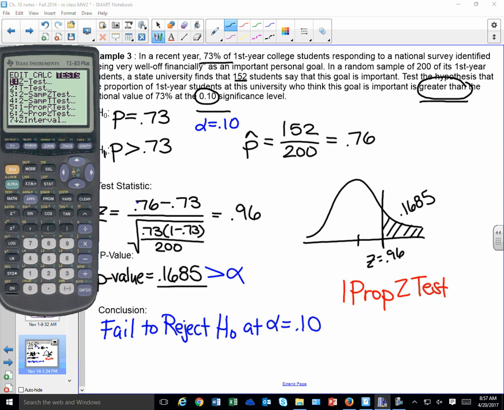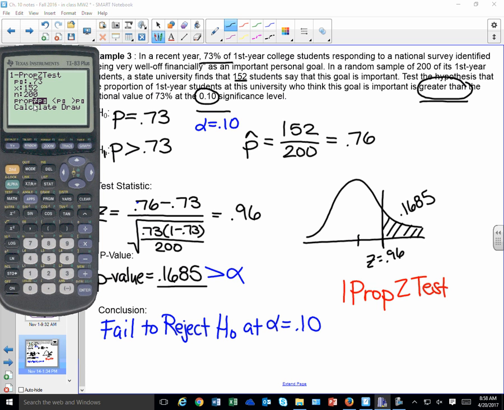And then when we're doing a hypothesis test, we do one proportion z test. So go to number 5. Our p sub 0, so that's what's in the null hypothesis, is 0.73. Our x value is 152. Our n is 200, right? So that's just coming from these right here.